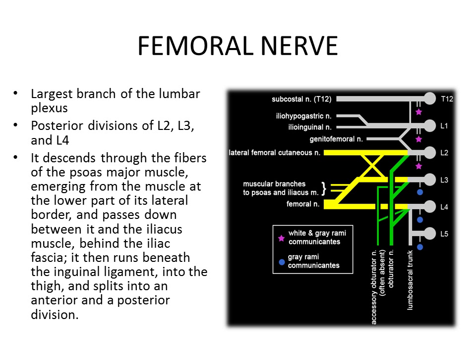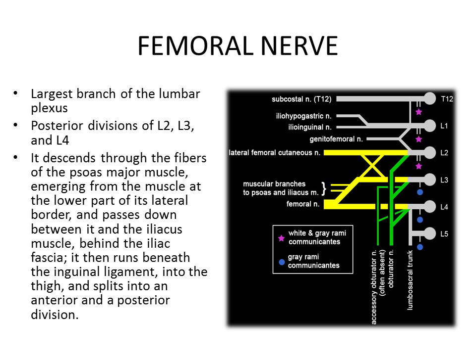Okay, so the femoral nerve is the largest branch of the lumbar plexus. Comes from the posterior divisions of L2, L3, and L4. And like the lateral femorocutaneous nerve, it descends down through the fibers of the psoas major, emerging from the psoas at the lower part of its lateral border.